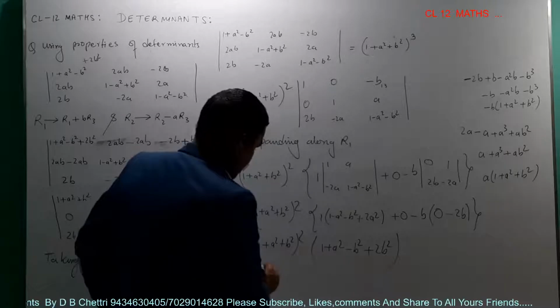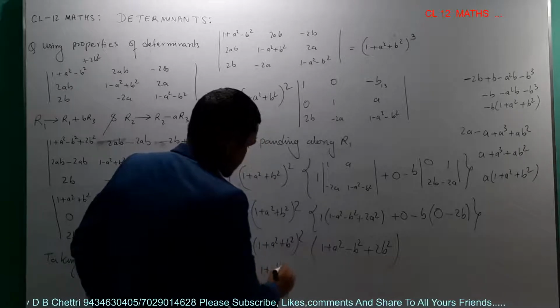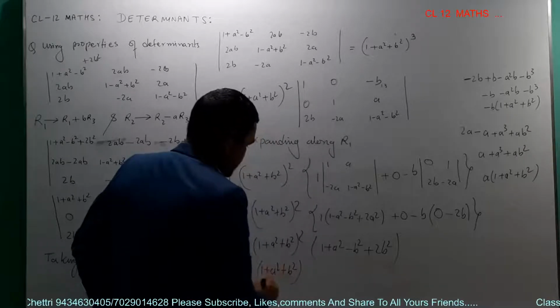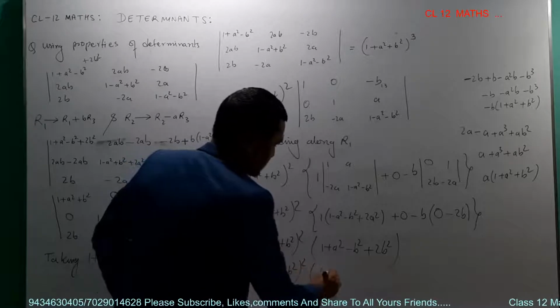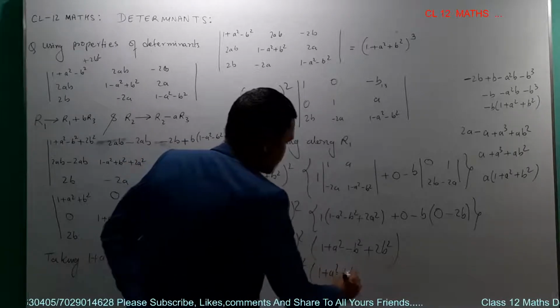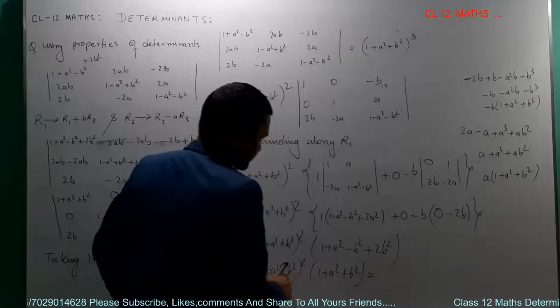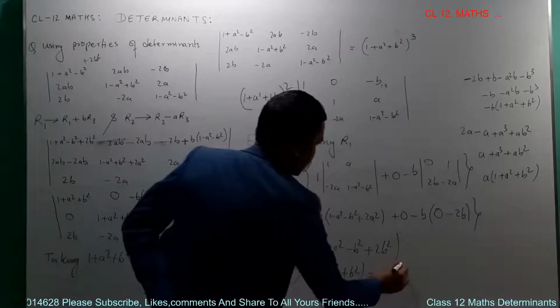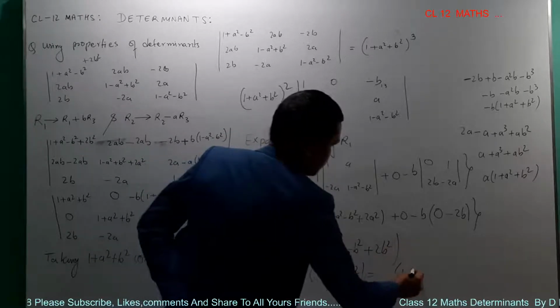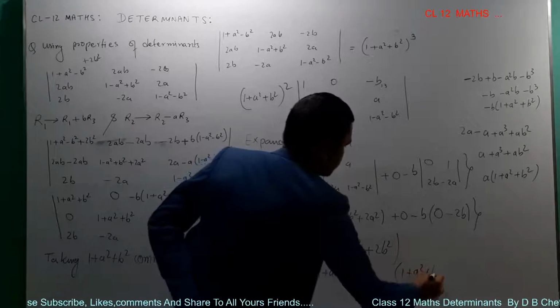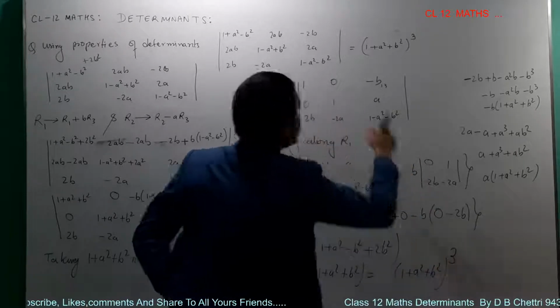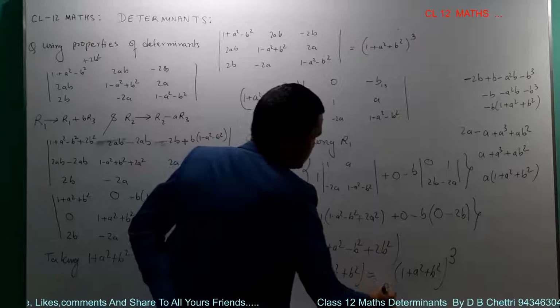Then 1 plus a square plus b square, whole square, times 1 plus a square plus b square. The final factor is 1 plus a square plus b square, whole cube. Now we got right hand side equals right hand side.